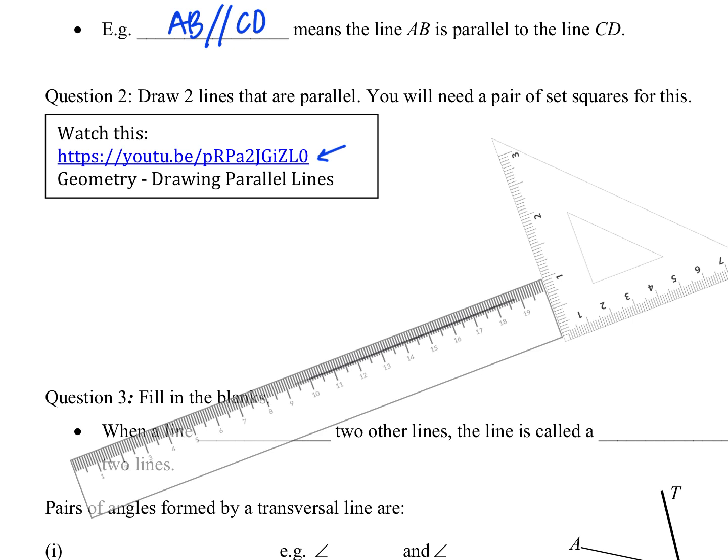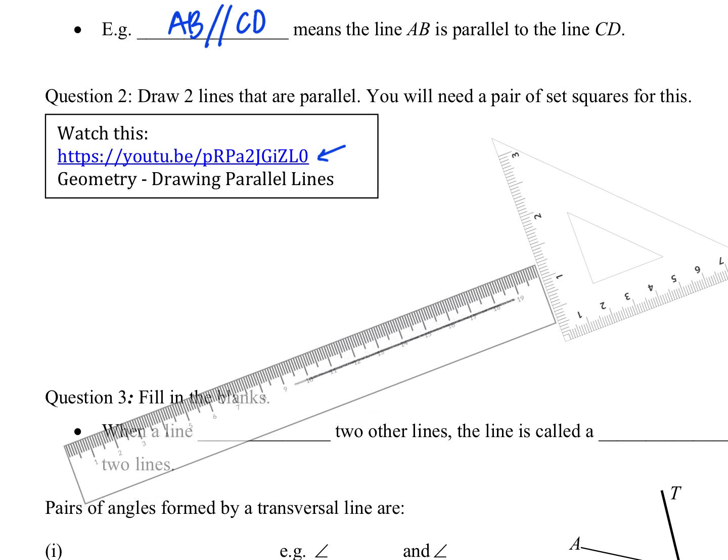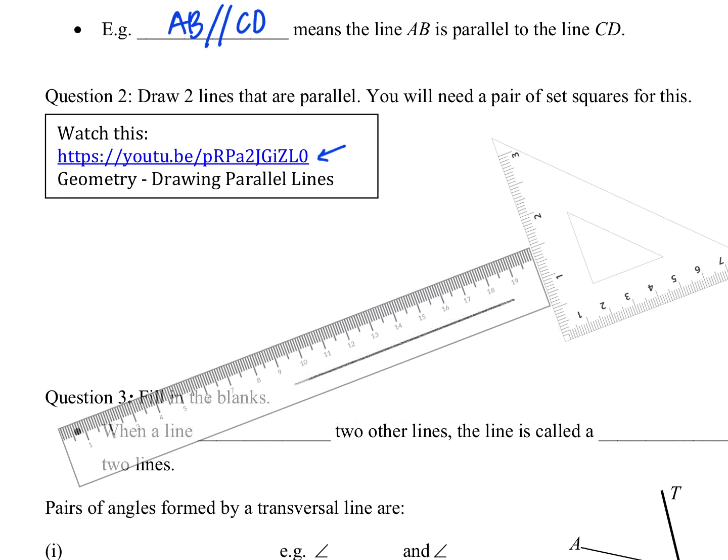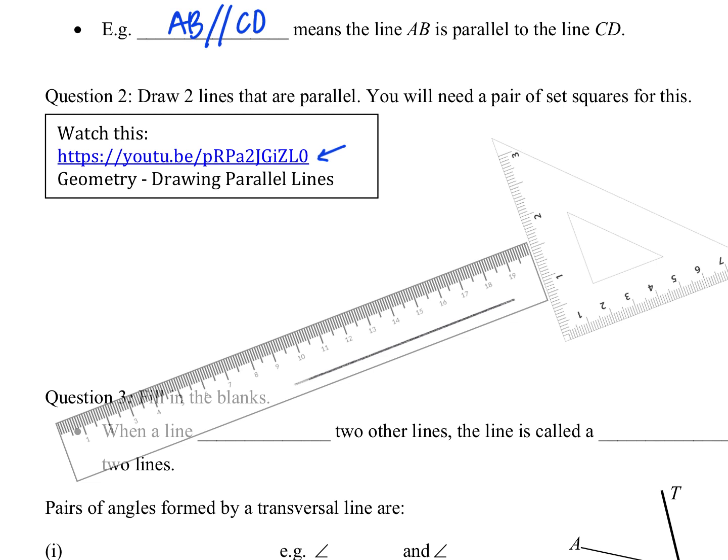And then we slide the set square along the ruler, maybe slightly upwards, using the ruler to help us fix it in position. Then we move it a certain space away from the original line and draw another straight edge.